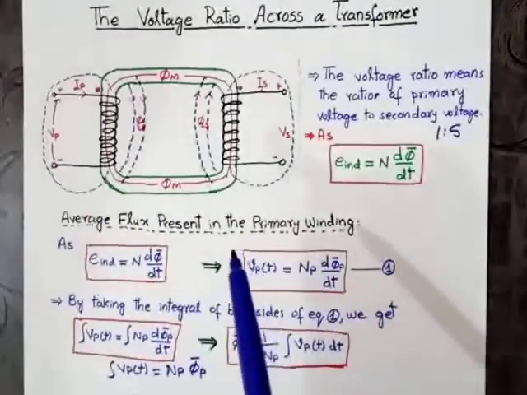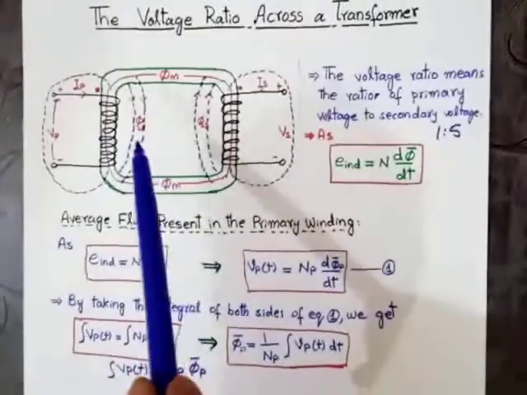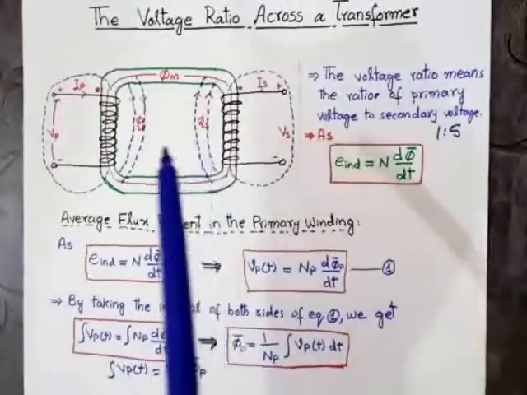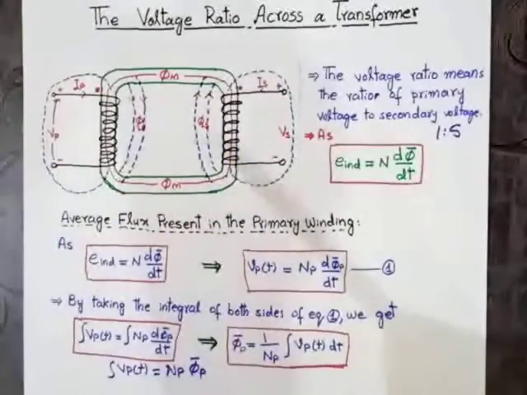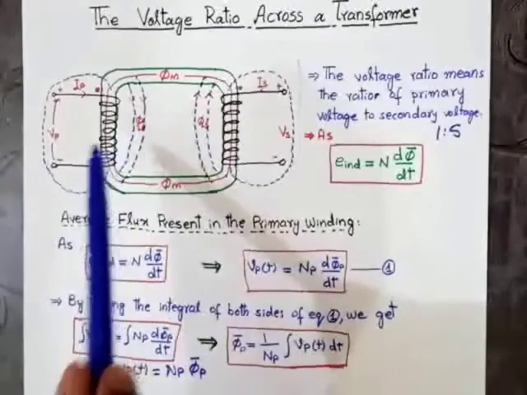Now, we will discuss what effect it has on the secondary coil of the transformer when we apply the voltage source across the primary winding.